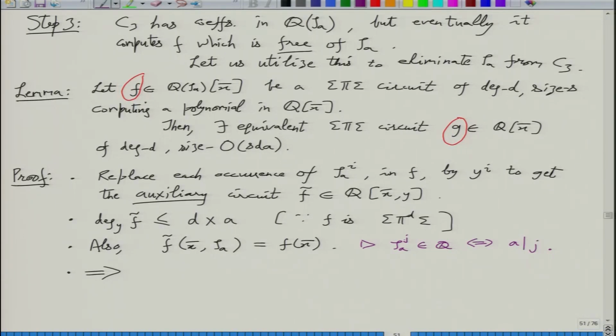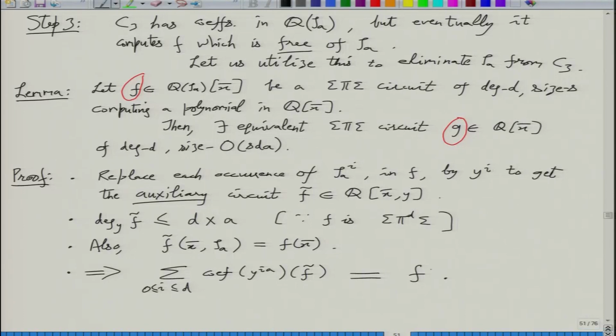I want to say something else. No, my argument should not be based on this because this is wrong. Well, what I want to conclude is that if you look at the coefficients of y to the ia in F tilde, where i varies from 0 to d, this sum is equal to F. Do you believe in this?